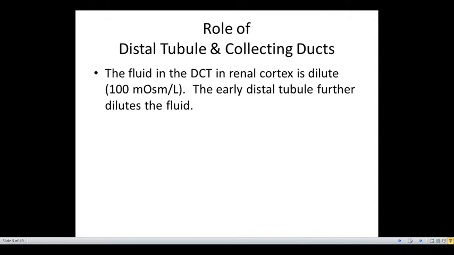The fluid in the distal convoluted tubule in renal cortex is dilute, that is 100 milliosmoles per liter. The early distal tubule further dilutes the fluid.